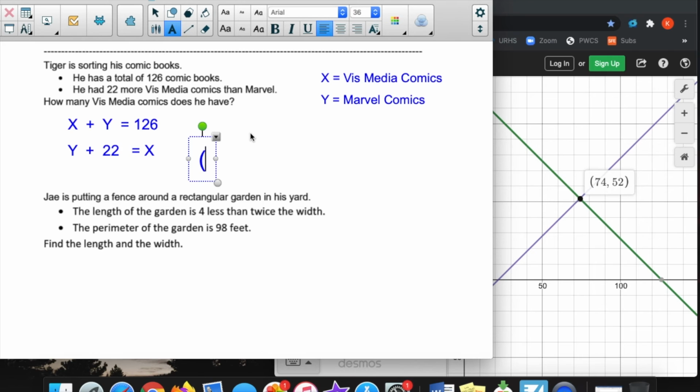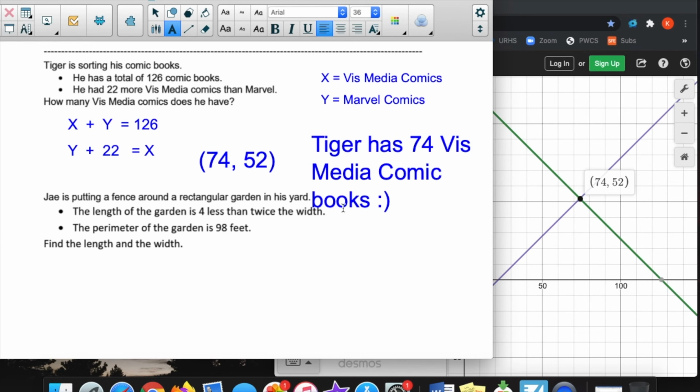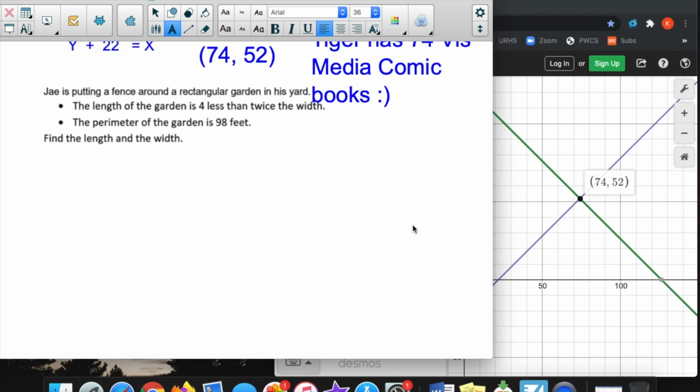Normally that's sufficient, but I'll answer the question how it wants it here. How many Viz Media comics does he have? It's tying back to how I defined my variables, and since the x value is the number of Viz Media comics, that would be the answer.